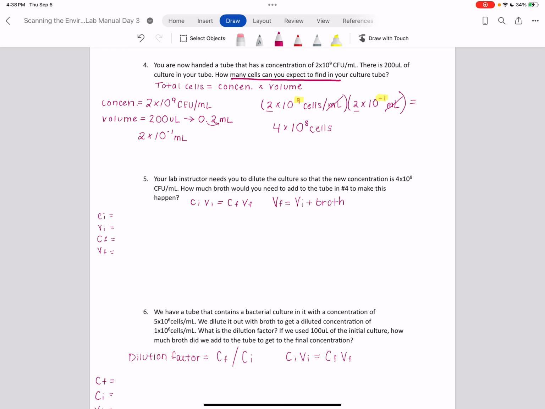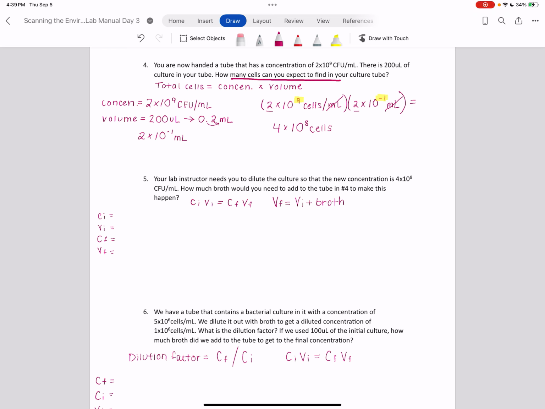Now, we can use two different equations here to solve this, and so we'll stick with the equations that we were given. This CIVI equals CFVF, and then we have another equation here, which is volume final, or VF, equals the VI plus the amount of broth that we've added to a tube or a culture.